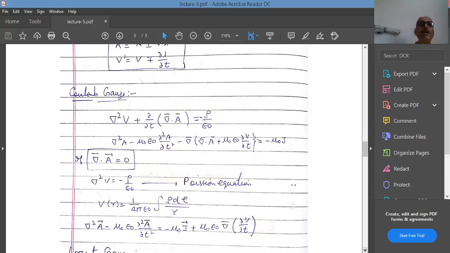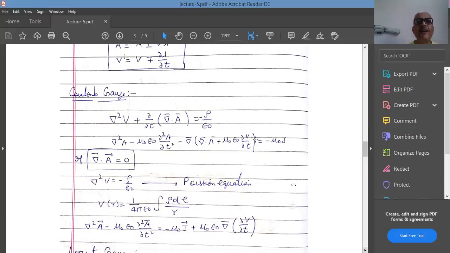If we want to comment on Coulomb's gauge, the condition divergence of A equal to 0 helps us simplify one equation, but at the same time it makes the other equation extremely difficult to solve.